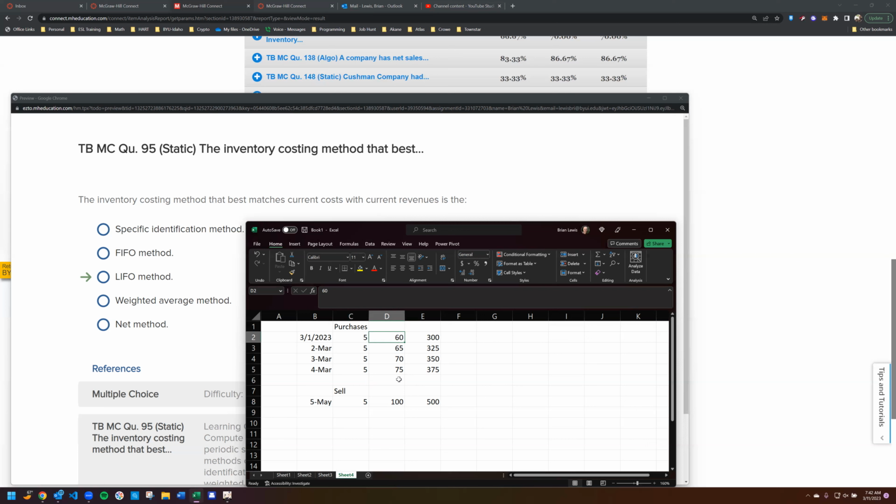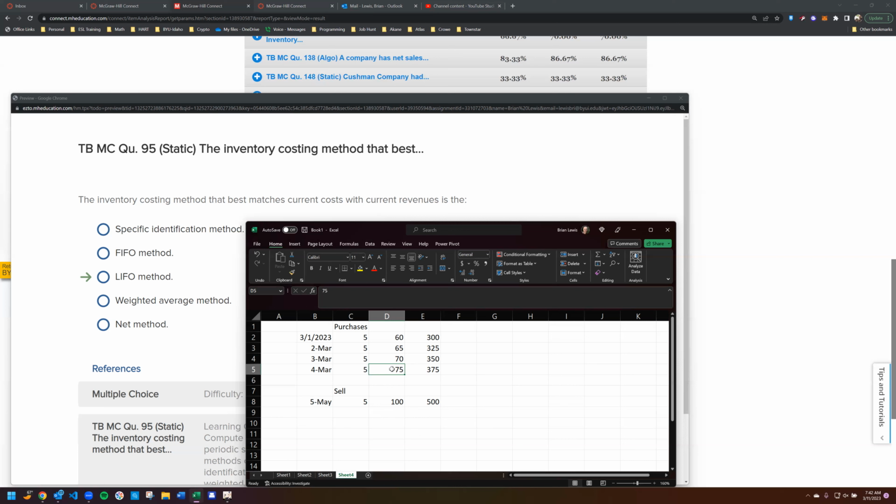LIFO is going to pick up the last batch, last in, first out. So the 75 is going to be the closest, most current value that we've purchased. And so that is most likely, okay? I wouldn't always say it is the absolute number, but it is most likely to be the current cost because it's the last cost that we just bought something at.